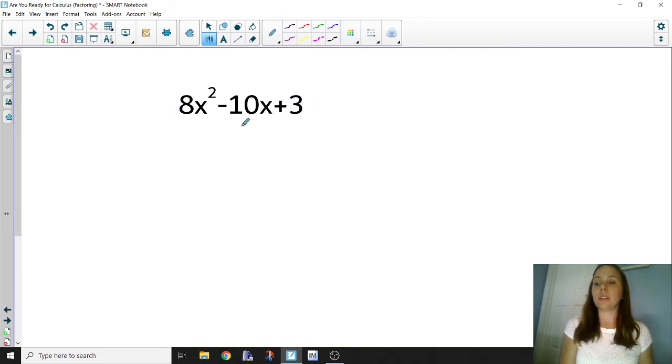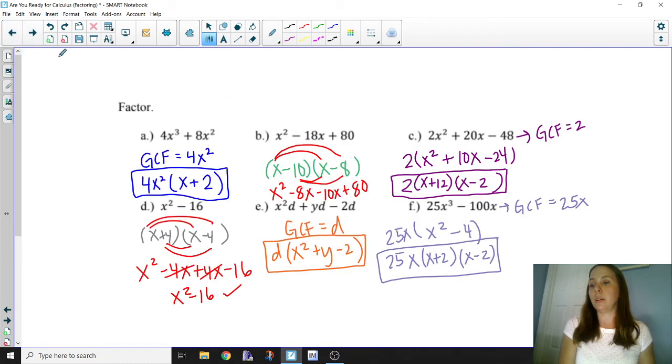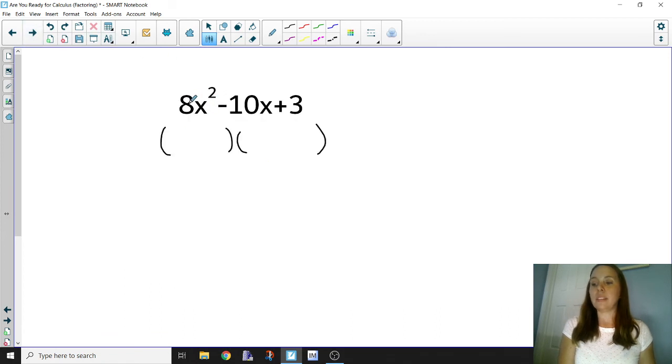And what I actually want to talk to you about is two things. One of them is if you see something like this where you do not have just a coefficient of 1 in front of your x squared, you could try to jump straight into factoring into your binomials by doing guess and check. The difference between this and what you were doing here or here is you can't divide this 8 out in front of the x squared, so you would have to say, well, maybe it could be 8x times x.